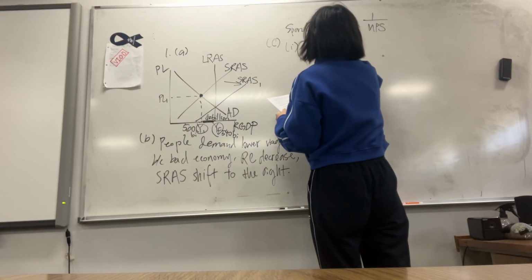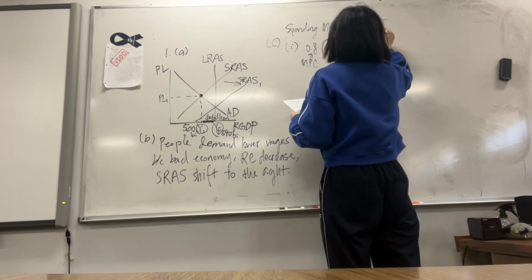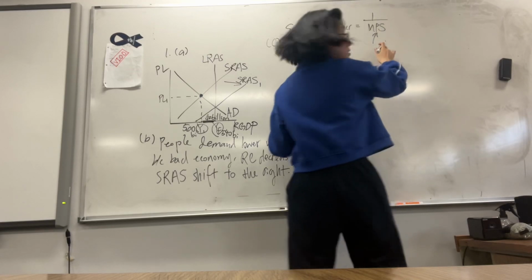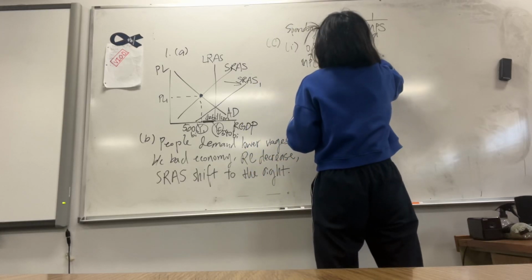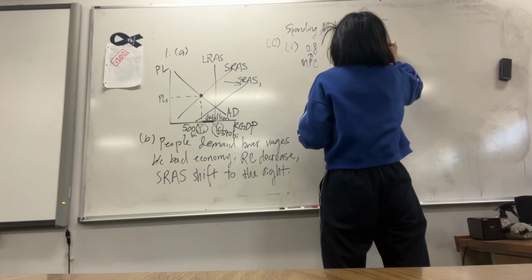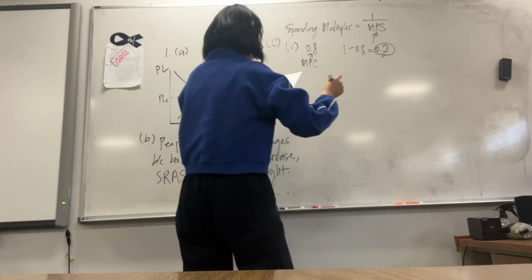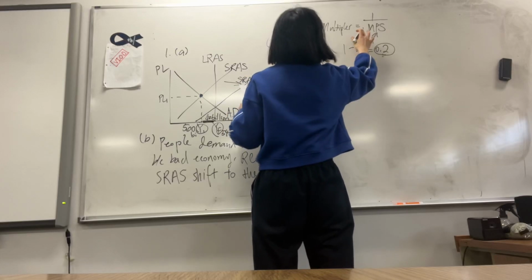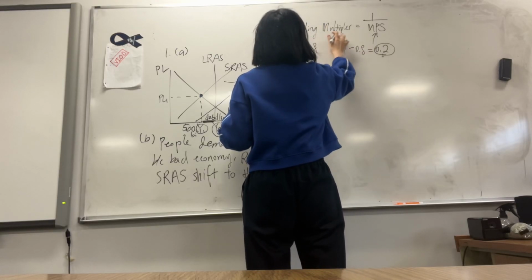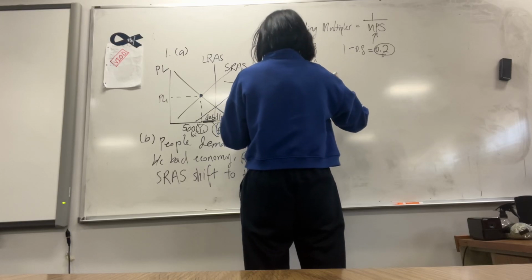So in order to get the marginal propensity to save, you have to use 1 minus 0.8, okay? And then you will get 0.2. And then you will calculate the spending multiplier, which is 1 over 0.2, and then times x.